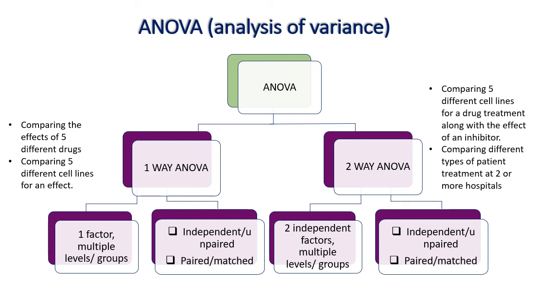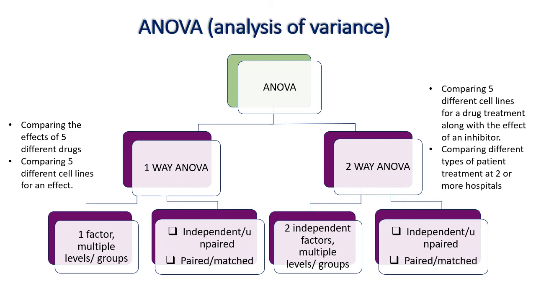To give an example, we take the previous case where we were doing a drug treatment of 5 different cell lines, but this time, along with the drug treatment, we have an inhibitor also. So now we have another variable added here, that is the inhibitor. So in this case, you would perform a two-way ANOVA.